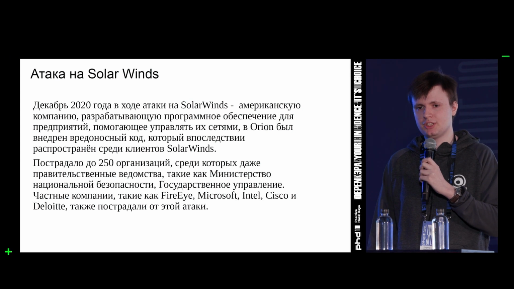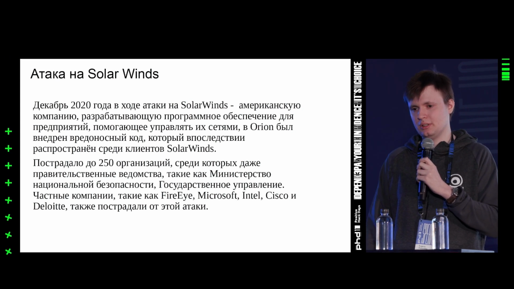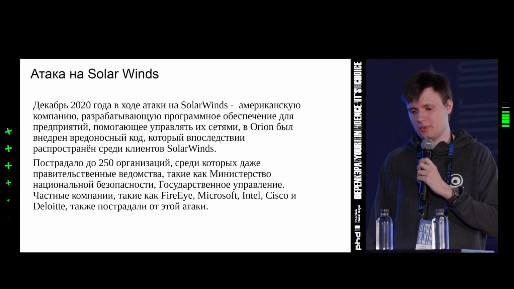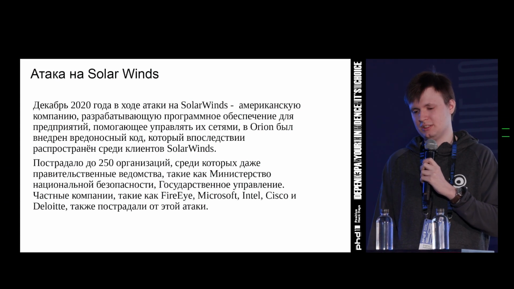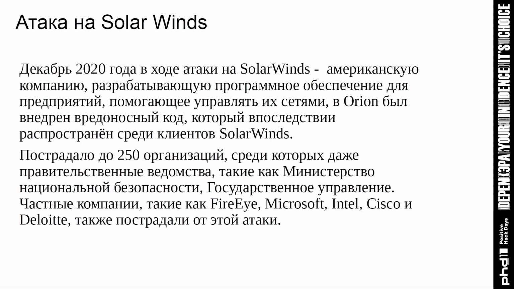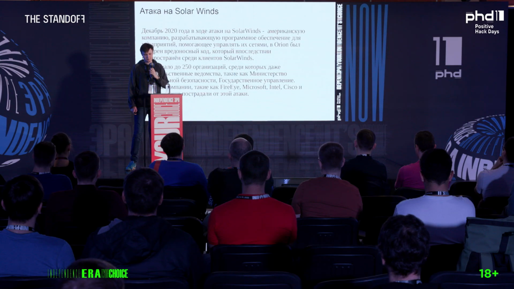There they had the malicious code, which was further spread through updates to the partner companies. This bomb exploded in December, affecting up to 250 companies in the United States, including government agencies like the Ministry of National Defense of the United States and large corporations like Microsoft, Intel, and Cisco.